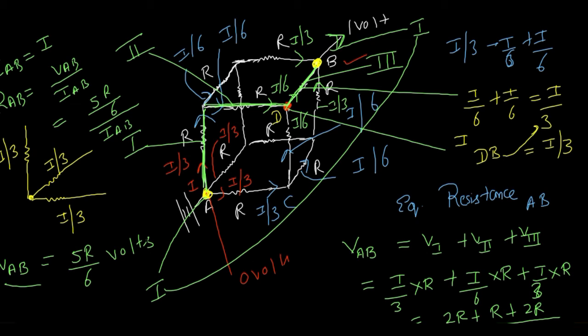Maybe I didn't write I here, so let's put an I here, which is I_AB, the current I which I was splitting. So I_AB is the current which gets split in multiple arms. I can write an I_AB here, and the I_AB gets cancelled, and you get 5R by 6. So that's the equivalent resistance that you've calculated with the help of symmetry of the circuit.